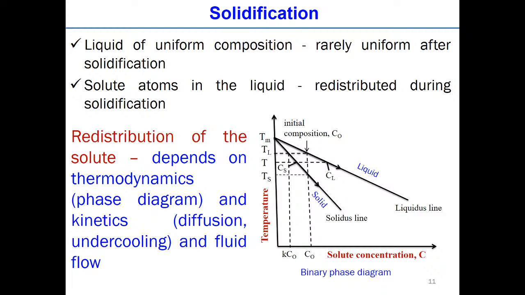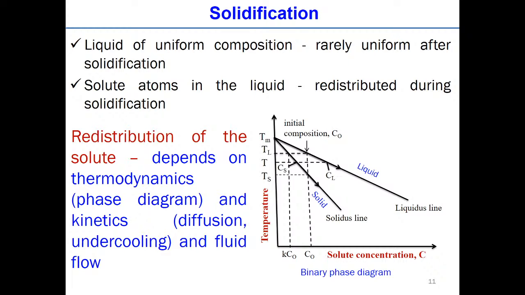Now come to the solidification of a particular alloy system. In general, there is a solidus and liquidus temperature, and in an alloy system there is some solute concentration. We assume a particular solute concentration C0.